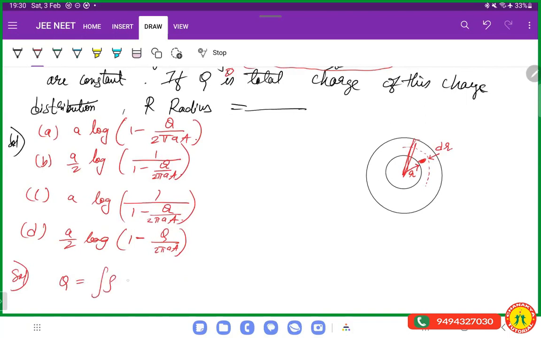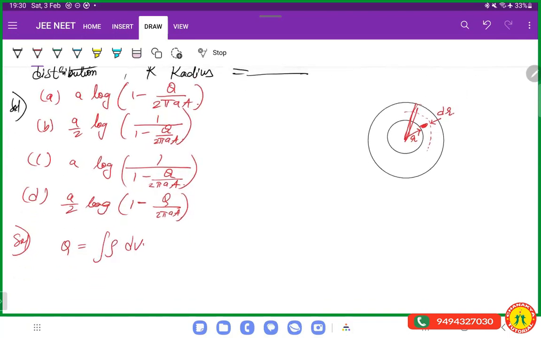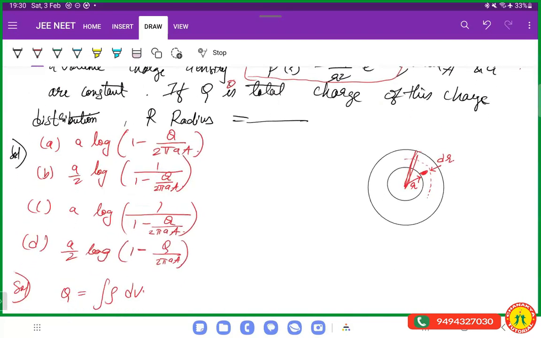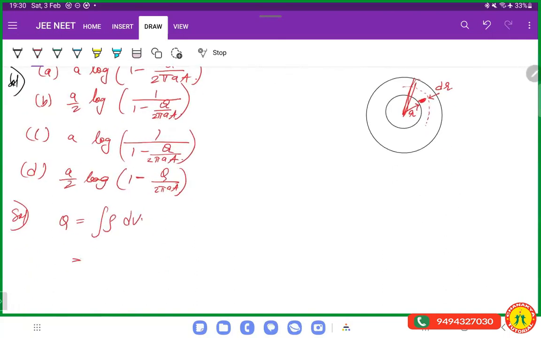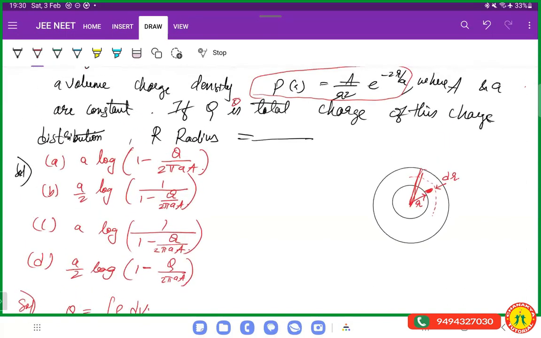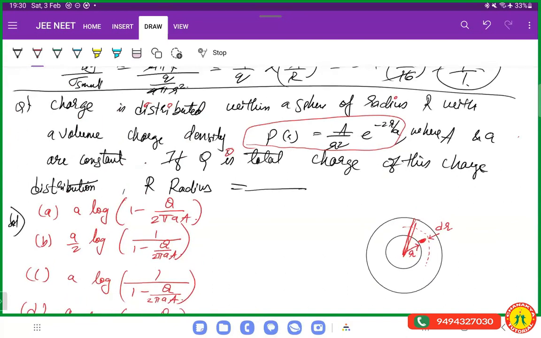Integration of rho dV. Now it is given already, A by r square. So what will be the limit? Till where is it going? The limit we can find from the question. It says this charge is distributed over radius r, so we need to find radius r.